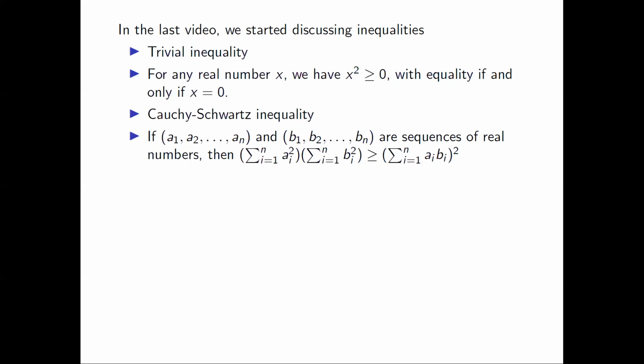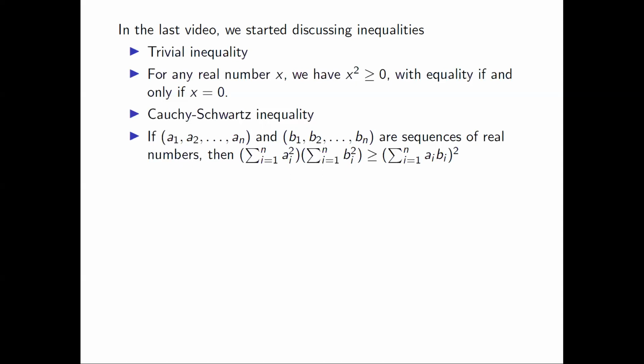Another way to say the Cauchy-Schwarz inequality is if we represent the sequence a1, a2 up to an as a vector u, and the sequence b1, b2 up to bn as a vector v, the inequality is saying that the absolute value of the dot product of u and v is at most the product of the magnitudes of u and v.